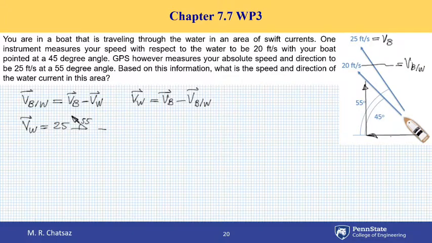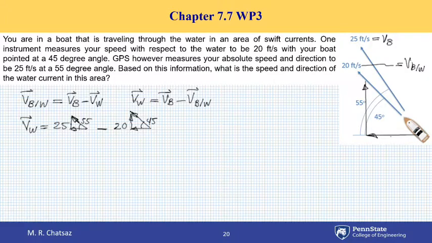So this is VB minus relative velocity of B with respect to water, whose magnitude is 20, whose direction again is left and up with 45 degrees. So now I can simply follow the components and decide whether some component is negative if it is to the left or positive if it is up.